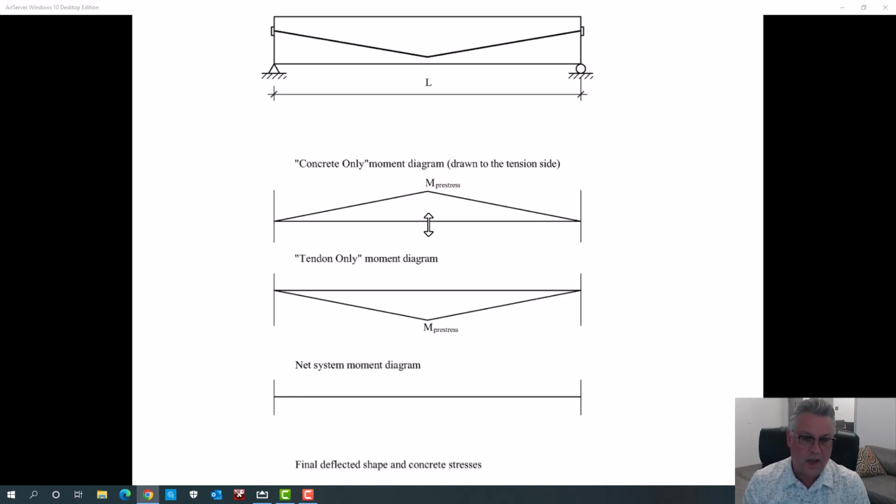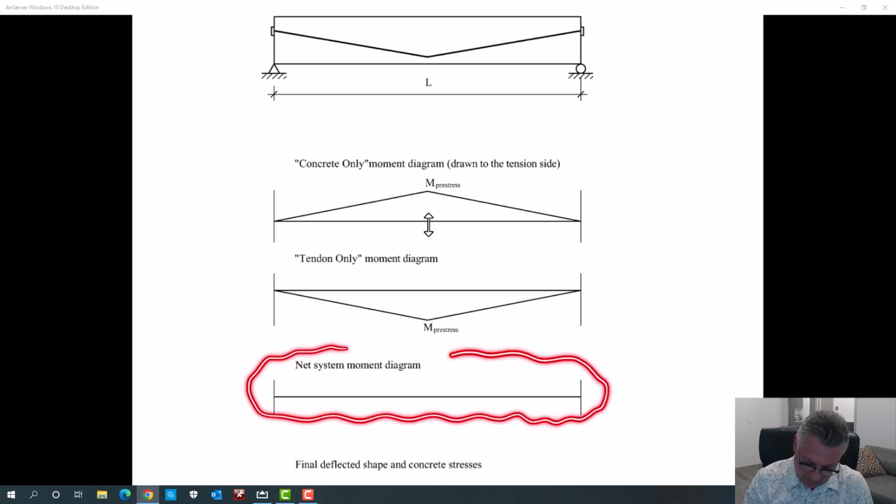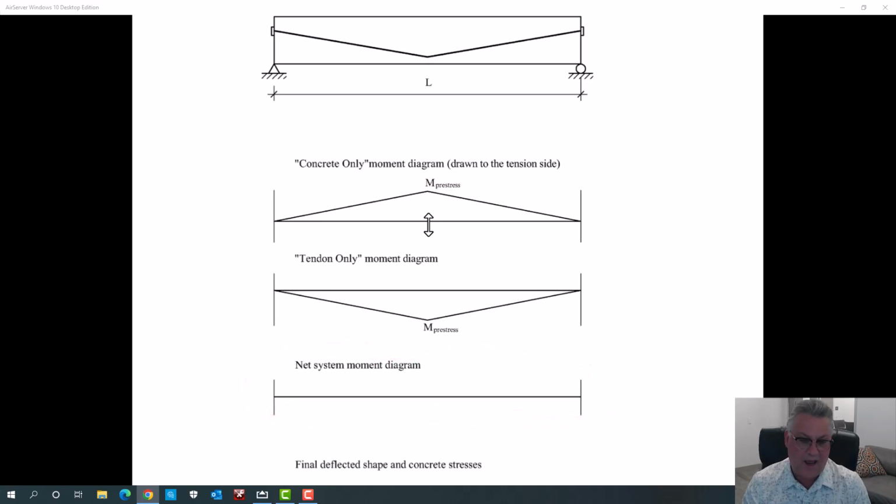There is no reaction, there's no static shear or static moment. But if we separate the pieces and components, the concrete on one hand and the tendon diagram on the other, well, then there seems to be some activity happening. But you put them together, because they are acting together, and there's nothing net happening.